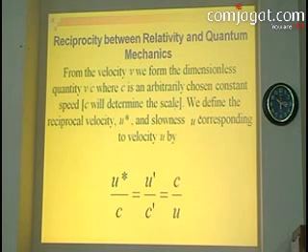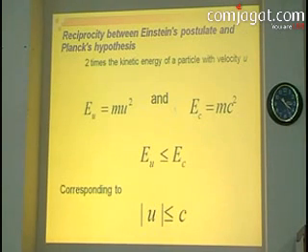Later we shall see that this c corresponds algebraically only with Einstein's c, but we are not assuming any physical meaning to it. So this understands that there is a reciprocal relation between Planck's hypothesis and Einstein's postulate. We would like to see this a bit more in detail.